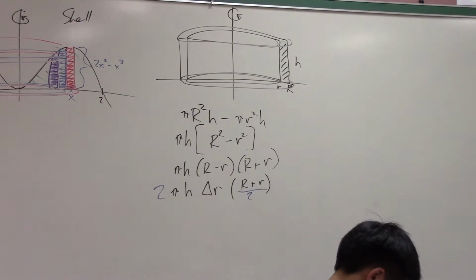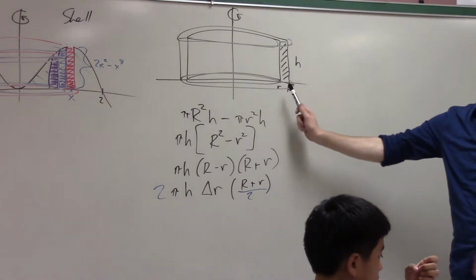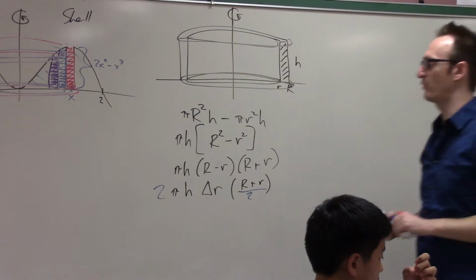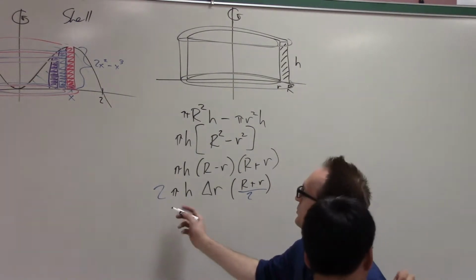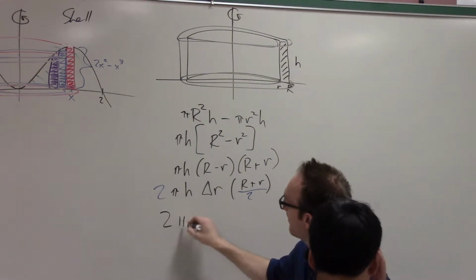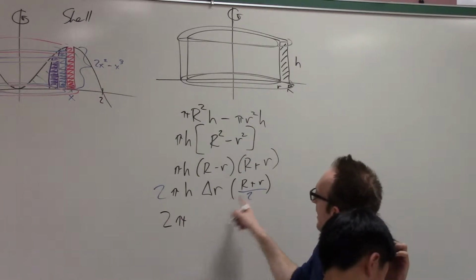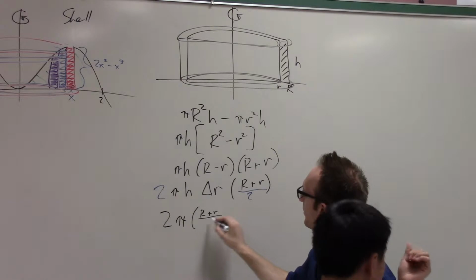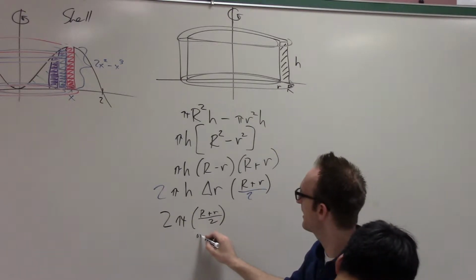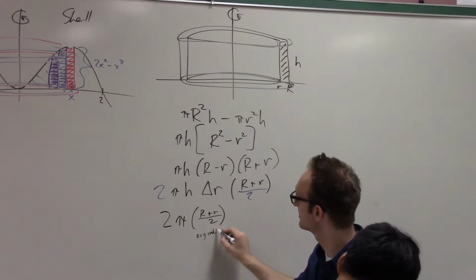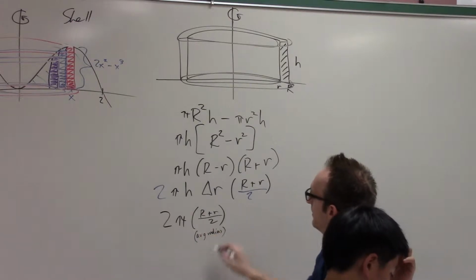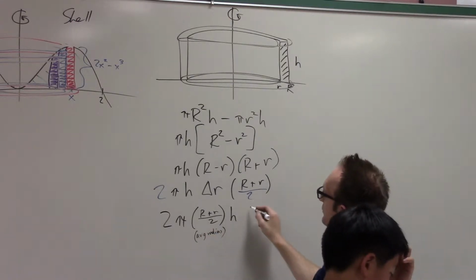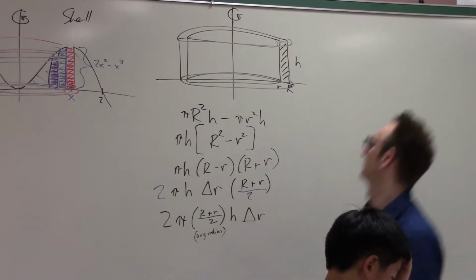The volume of a particular shell, therefore, is 2 pi times this quantity, big R plus little r over 2, which is the average radius, times h times delta r.